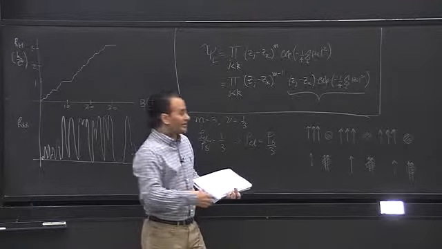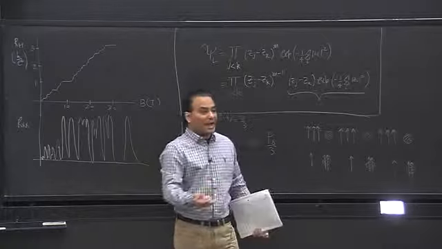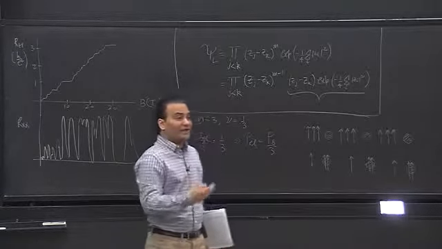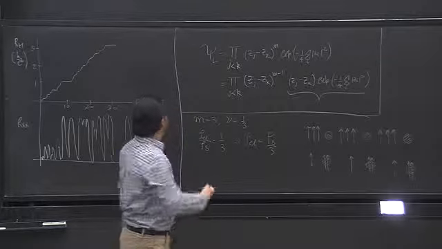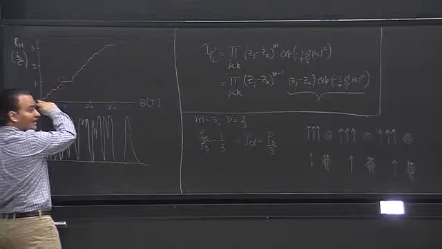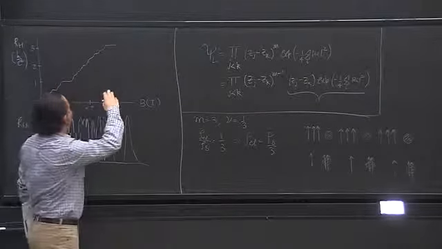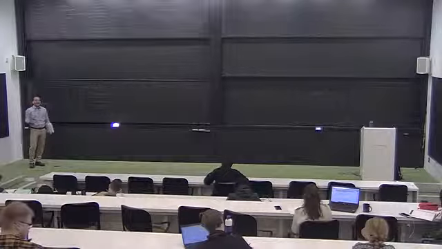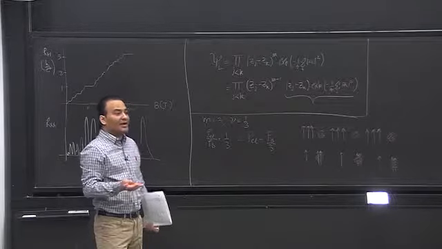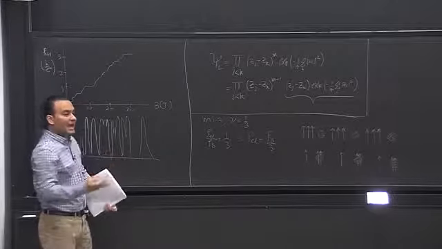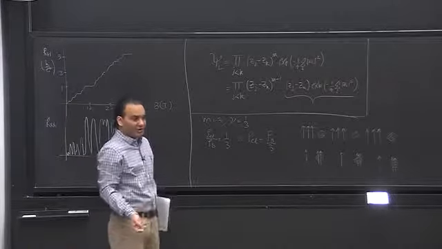So again, this is a very simple mapping, and what it does is, once we understand all these plateaus and features for integer filling fraction, we can map it to understanding the fractional behavior of fractional quantum Hall states. The mapping says that whatever we did for electrons here, the same thing happens, but for composite fermions.